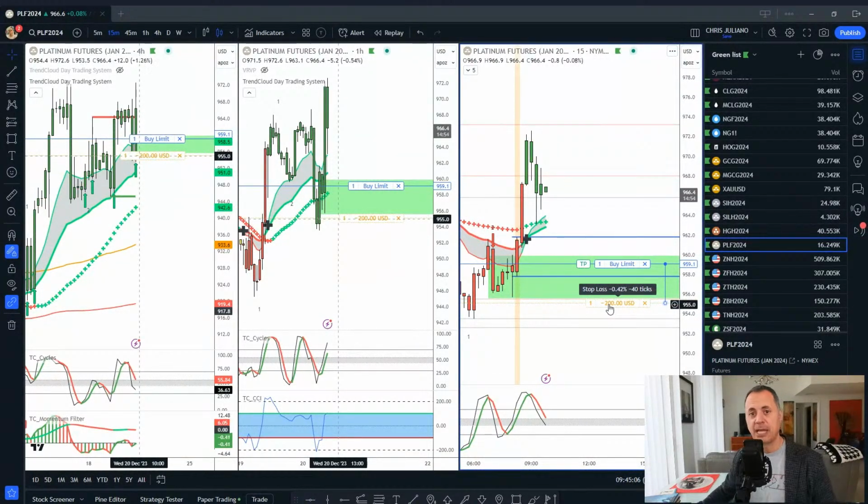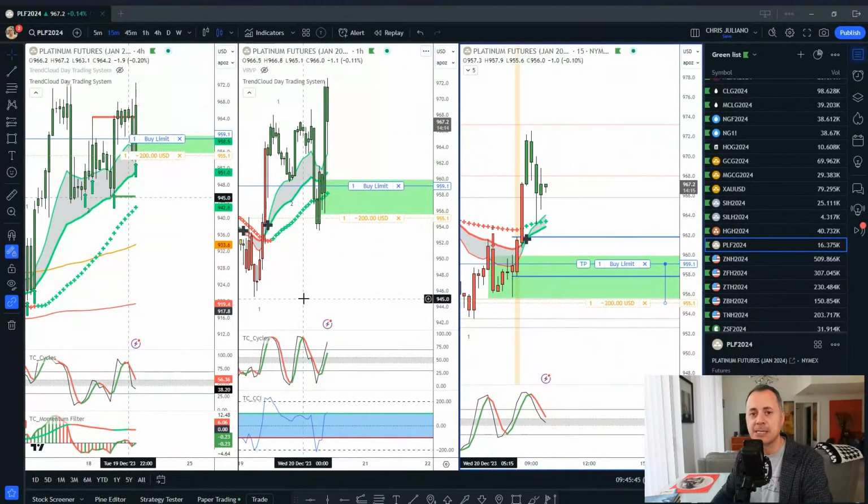An edge is simply an advantage, any advantage on your charts that you're looking at, like trend across multiple time frames in the same direction, momentum across multiple time frames in the same direction, cycling up, bouncing off a level of support with those other elements. That's an edge. That is essentially your TrendCloud system. We've mapped all of that out on the TrendCloud system, and we even color coordinated it for you. So all of this is very easy to read.